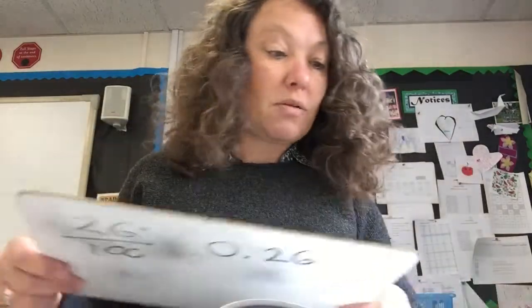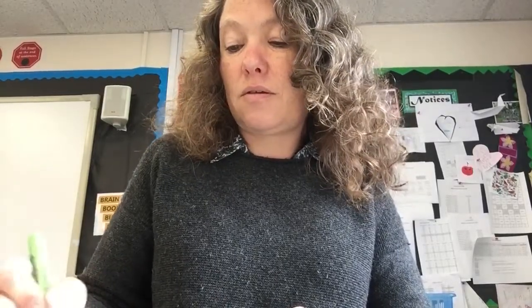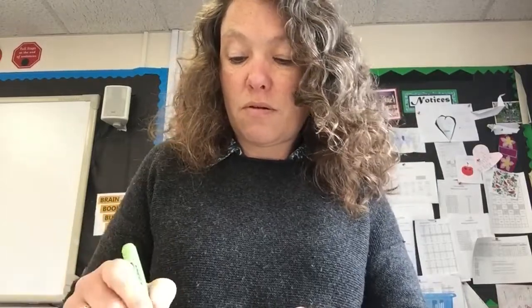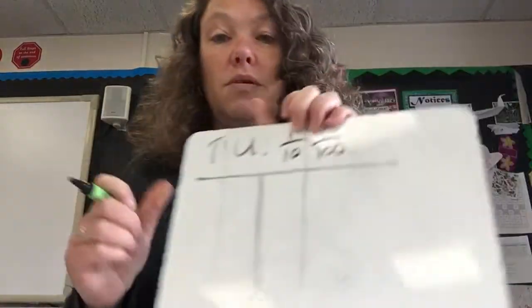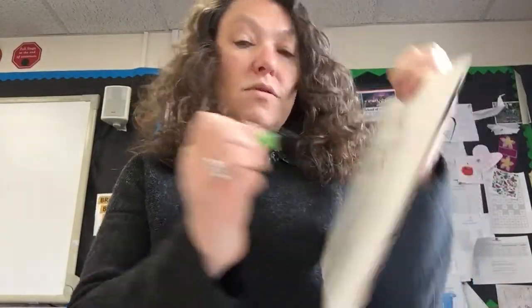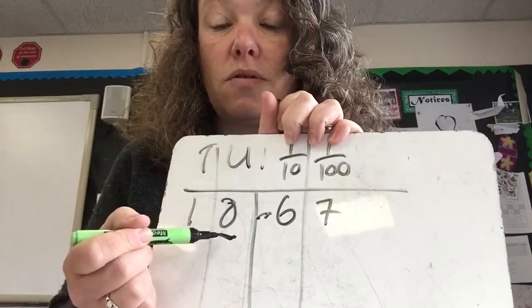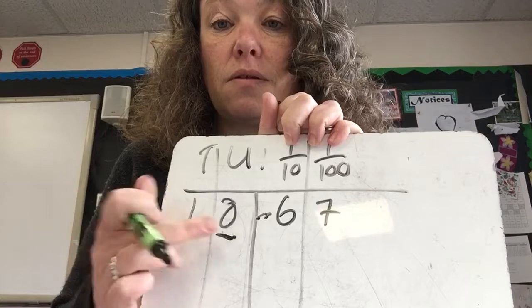On number 7, you are giving the value of the underlined figure. So I should be able to work it out. Let's quickly do tens and units, tenths and hundredths. If we have the number 18.67 and this number is underlined, that's in the units column, so that is 8 units.